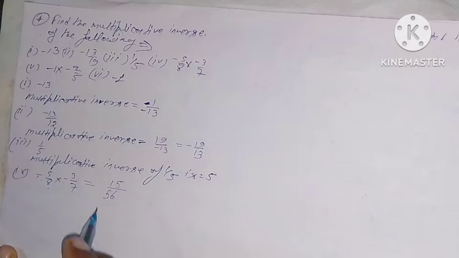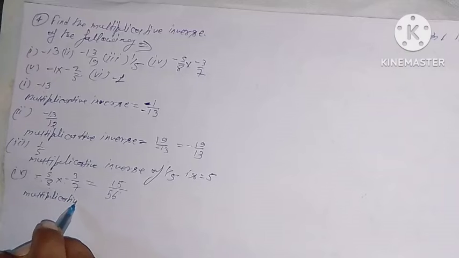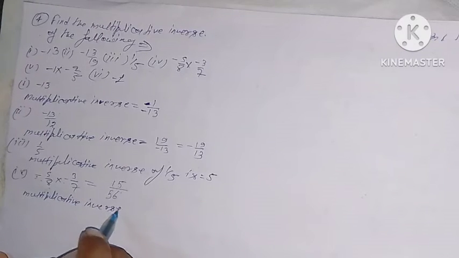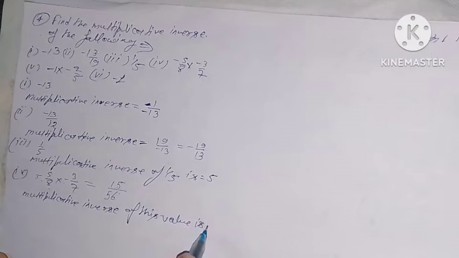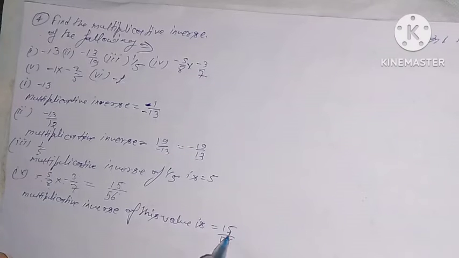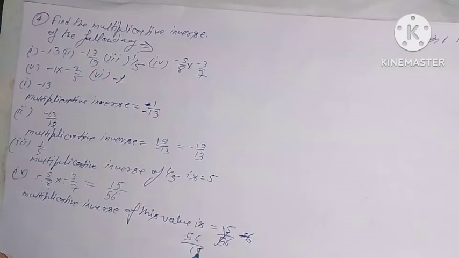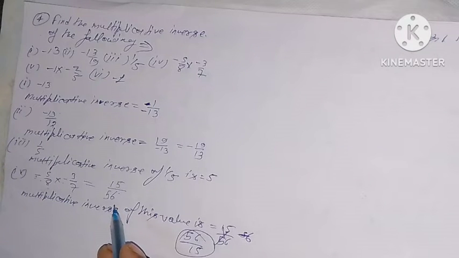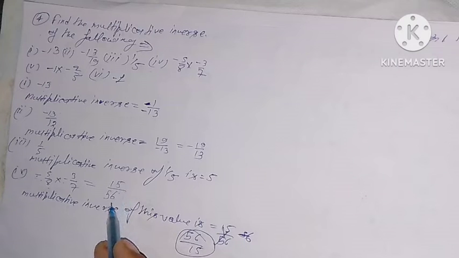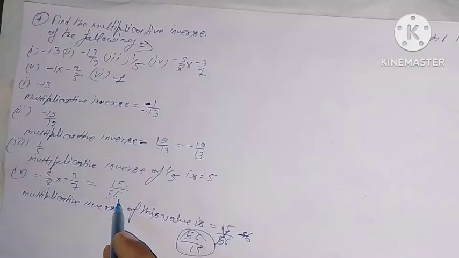Then the multiplicative inverse of this value, 15 upon 56, is found by interchanging the places: 56 goes to the place of the numerator and 15 goes to the place of the denominator.